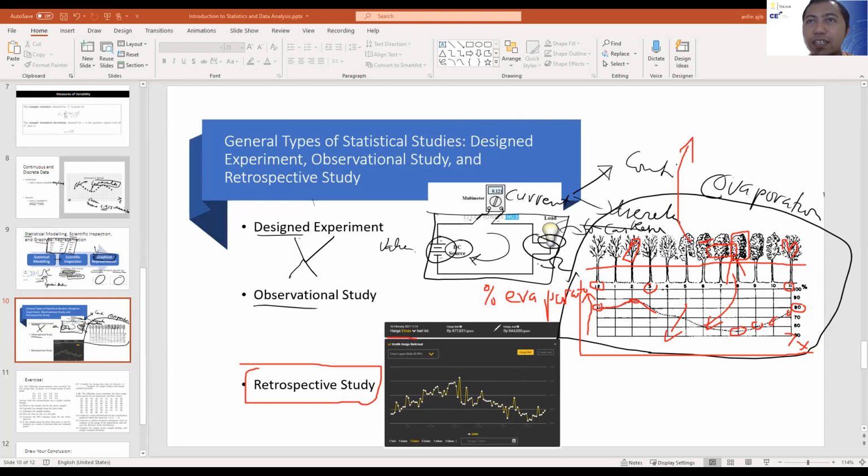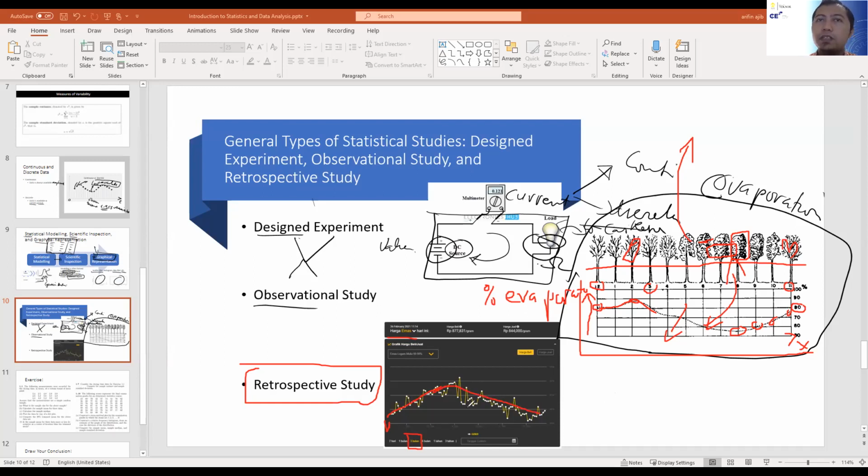You can see I took the data for three months, starting from three months ago, and you can see the trend of the data is increasing and then decreasing.